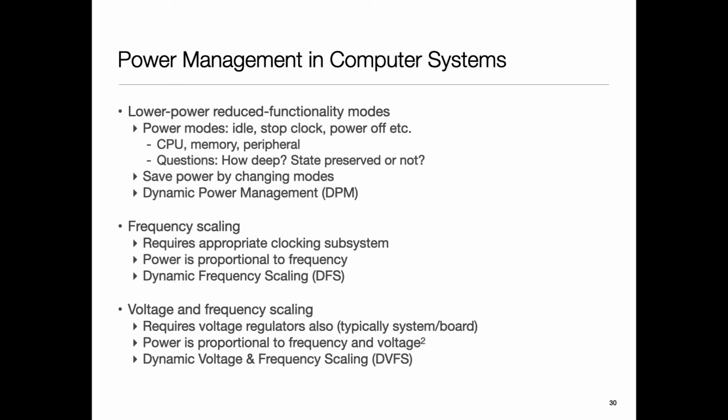Think about it: even if I stop the clock to my processor, it still consumes power. That is a static floor which exists in any system. It's kind of like the penalty for being on. So this is constant background power, and there are many sources of it.